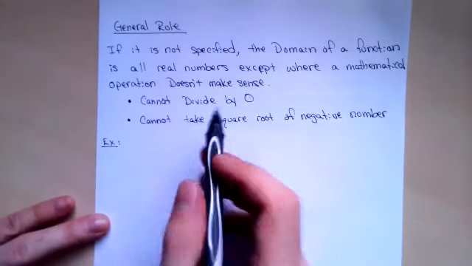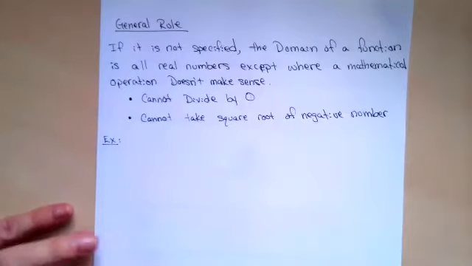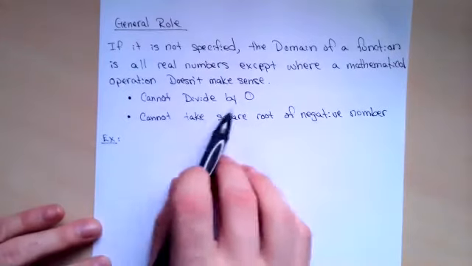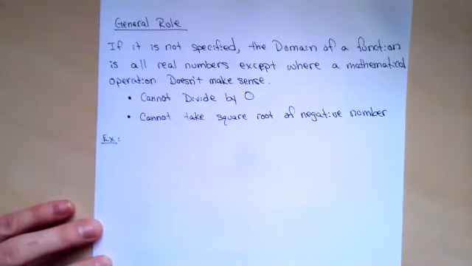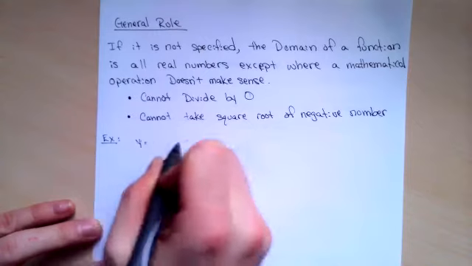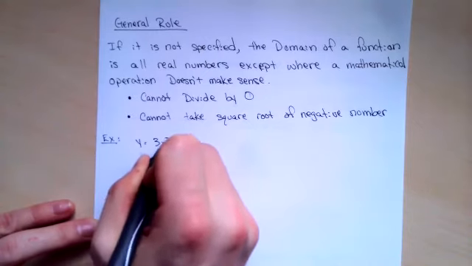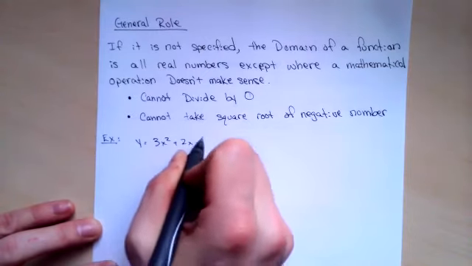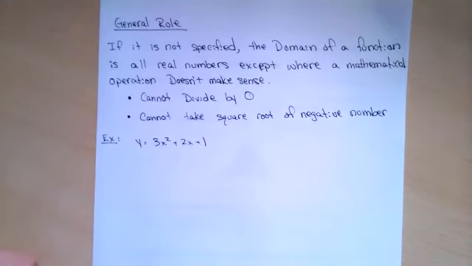If I'm not dividing by anything that could potentially be 0, and specifically if I don't have any x's in the denominator, then we're not going to divide by 0. And if there are no square roots, then what could mathematically go wrong? Nothing.